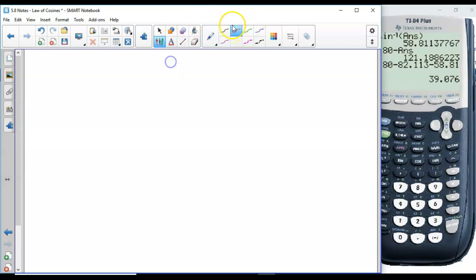We are going to do page 331, 11 through 16, 25, and 27.